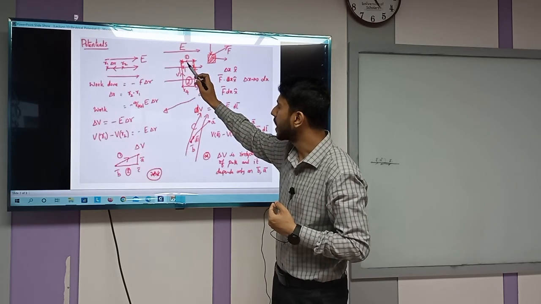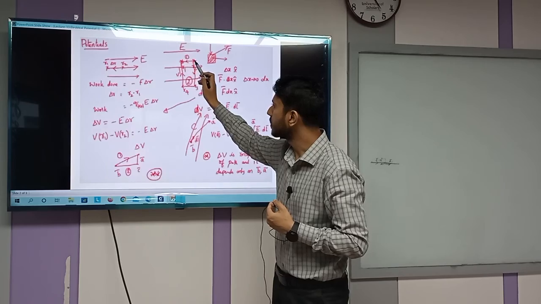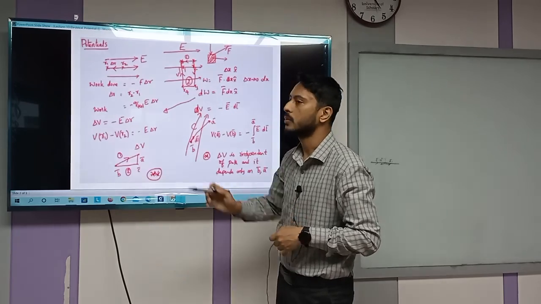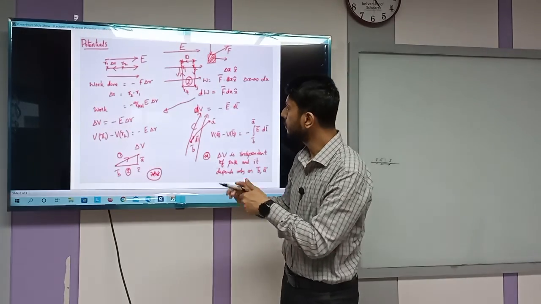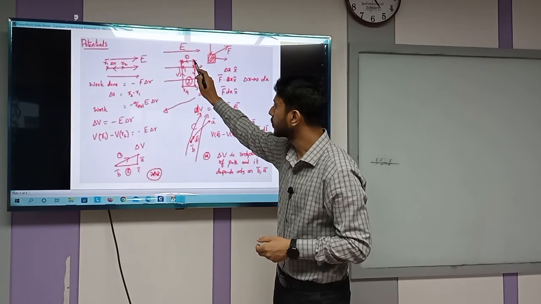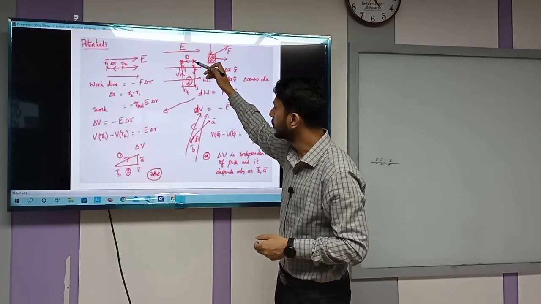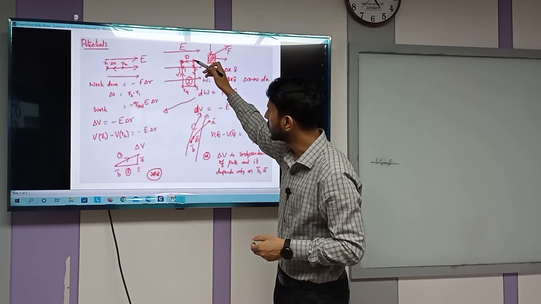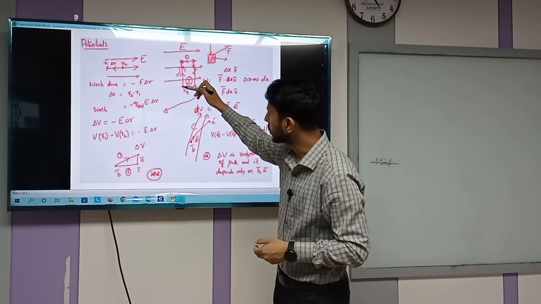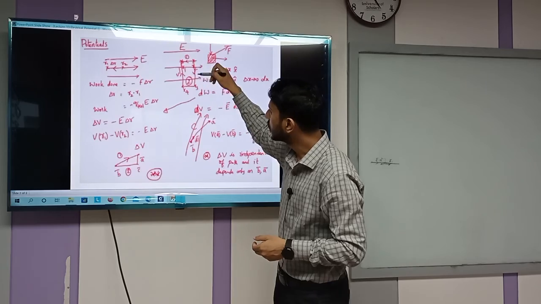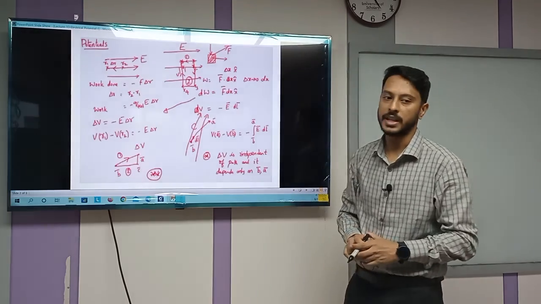Irrespective of the paths, your voltage difference between these two points will remain the same. Even if you take the path from here to here, your voltage will remain the same.